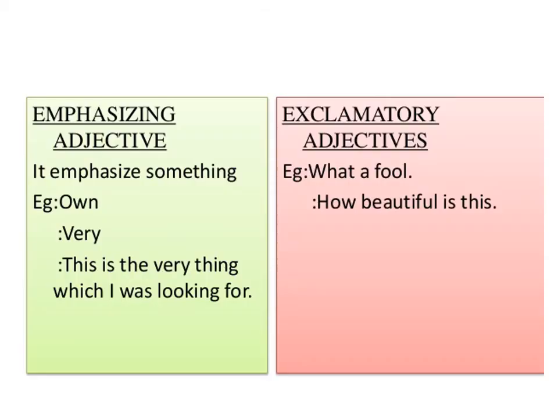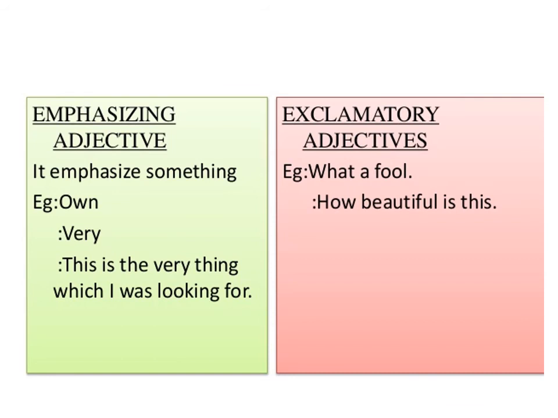Now, there are two more types of adjectives that come mostly together, the emphasizing adjective and exclamatory adjective. Emphasize means to stress on something, to put extra force on something. So, words like own, very, these are emphasizing adjectives. For example, this is the very thing which I was looking for. I'm stressing about this thing. I'm pointing out that this is the very thing which I was looking for.